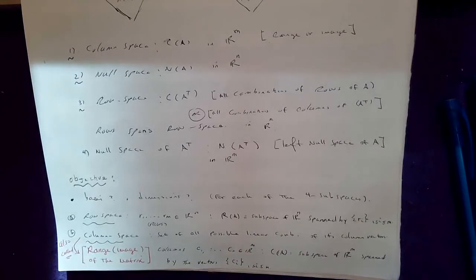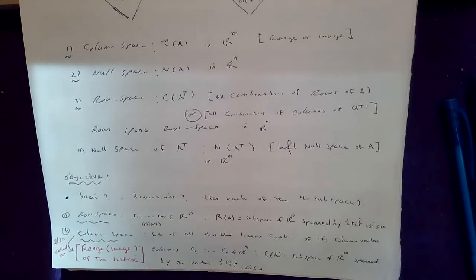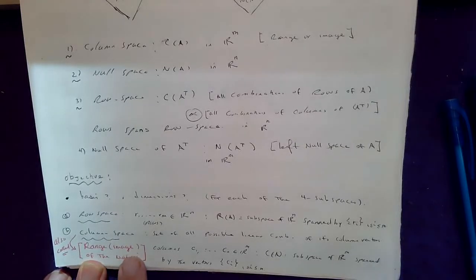By definition, row space is a spanning set for the rows of matrix A, and column space is a spanning set for the columns of matrix A. Incidentally, column space is also known as the range or image of the matrix.